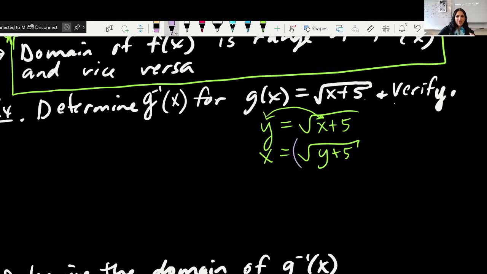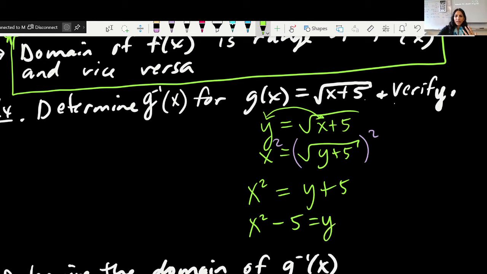I know I'm flying through this, but am I right that you already know how to do this? We want to get rid of the root sign, so we square both sides. So I'd get x squared equals y plus 5. And then I just want y, so x squared minus 5 equals y. I'm sorry, I'm going to squeeze it in.